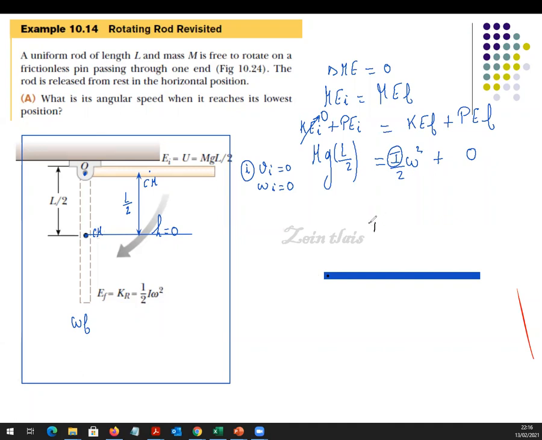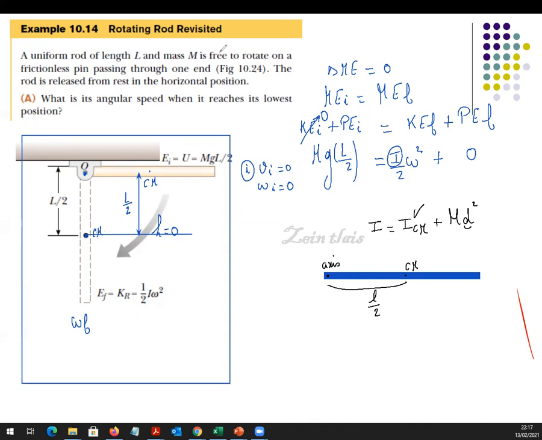You know, I equals ICM plus MD squared. ICM is given, and D is the distance between the center of mass and the axis, which is equal to L over 2.